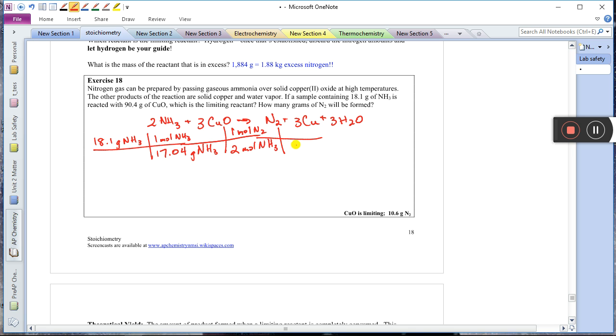You don't necessarily have to go to grams. You can stop at moles and then just convert your final answer to grams, but I just find it easier to add the extra step in advance. So 1 mole of N2 has a mass of what? 28.02 grams N2. Then you do the same thing over again with our copper.